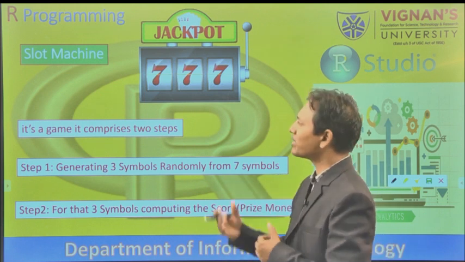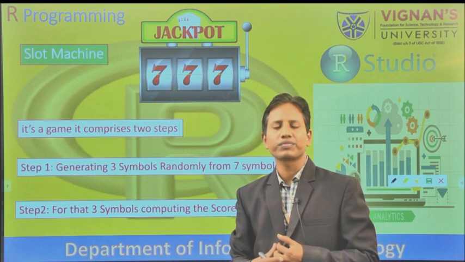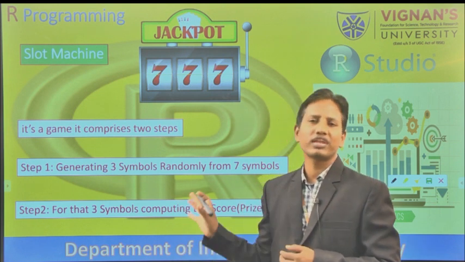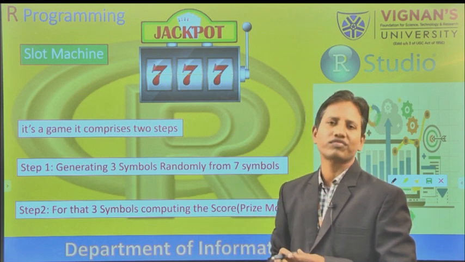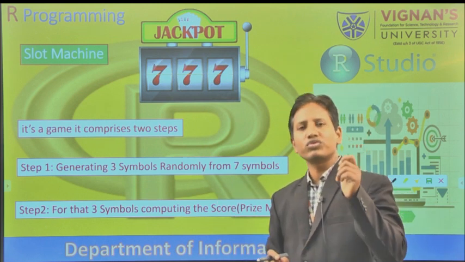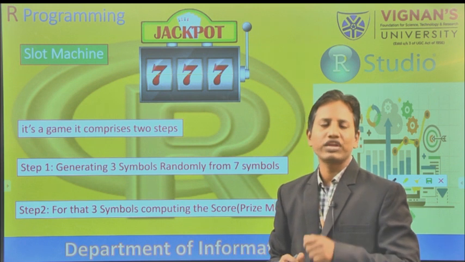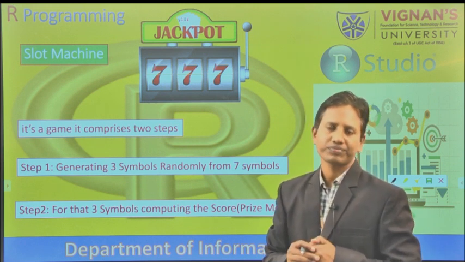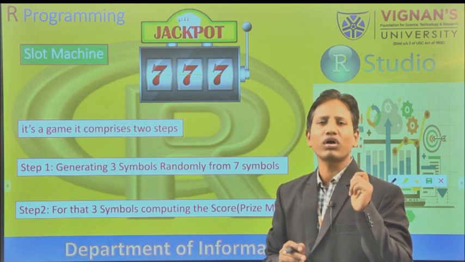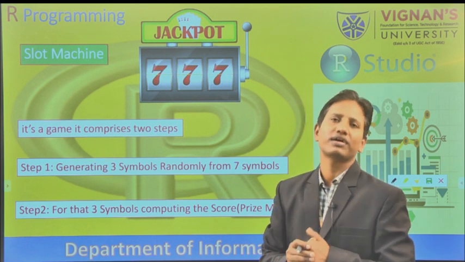Now let's try to understand this slot machine here. Generally in foreign countries, in casinos, they use this slot machine kind of thing. You will be given some coins, and using that coin you are going to spin that wheel, or you are going to press the button.